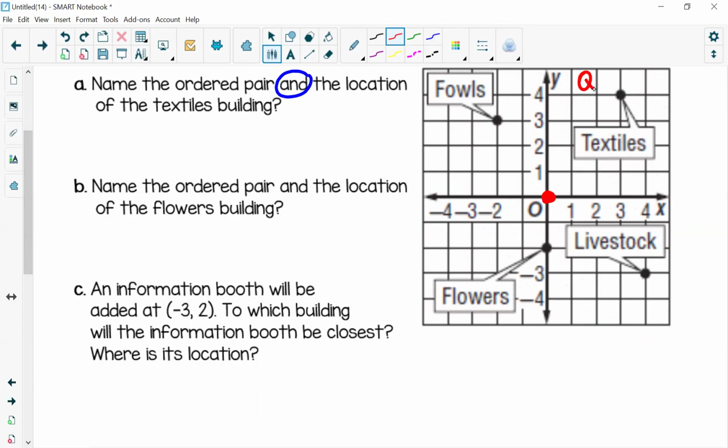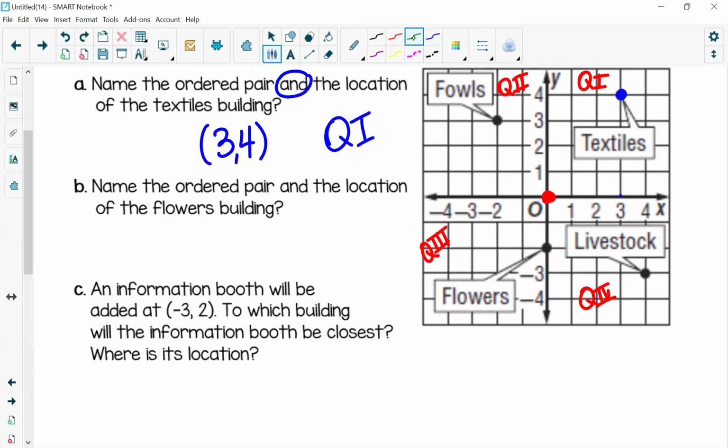We have Q1, Q2, Q3, and Q4. So let's see here. Textile is right here. Okay. Well, it's in quadrant 1. So there's my location. And then it needs the ordered pair. So I'm going positive 3, positive 4, positive 3, positive 4.